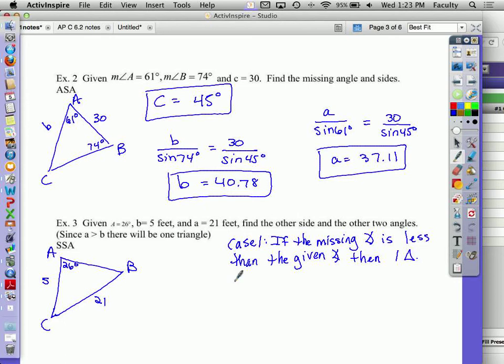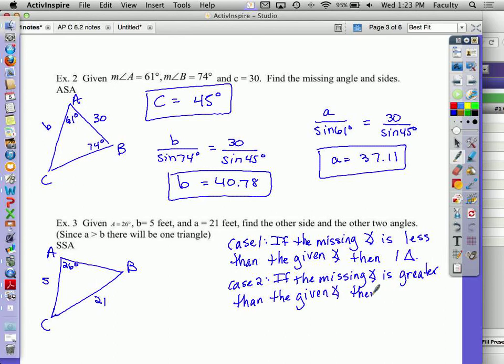Case 2, if the missing angle is greater than the given angle, then there's no triangle or 2 triangles. And we'll see how that works.